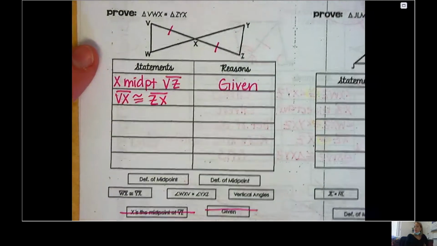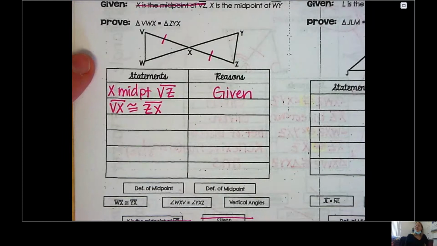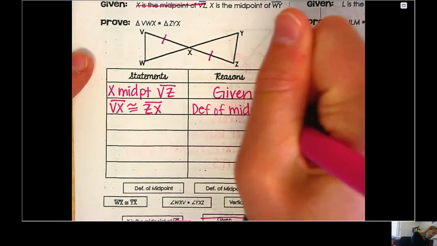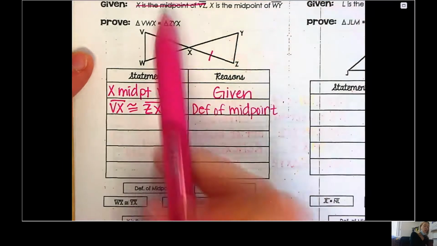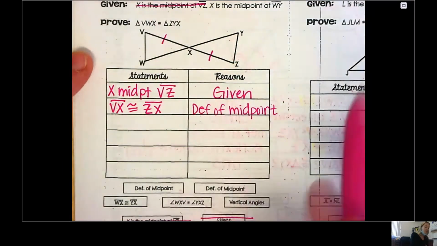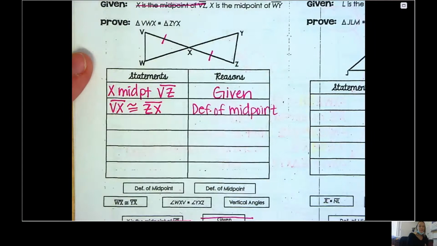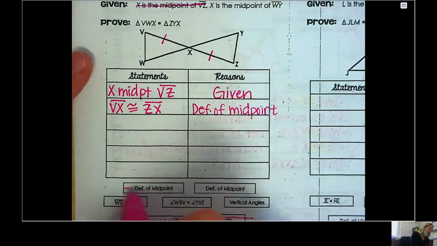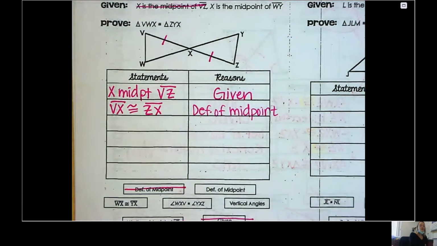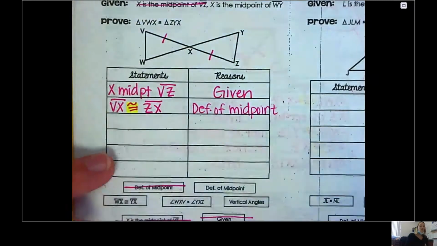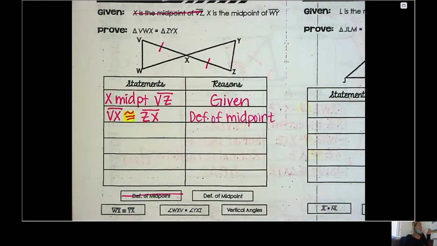What word did I use? The definition of midpoint, exactly. Remember I told you if I ever give you a word up here, you're going to have to use the definition somewhere. Well, look, I gave you that word twice, which means you're going to have to use the definition twice. Okay. There's my first piece of given information and the first thing that I can mark down. Boom. All right, what's going to be my next statement?